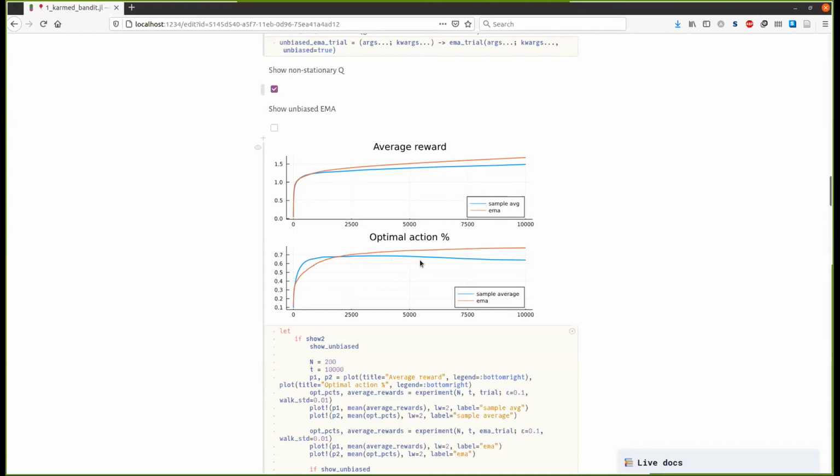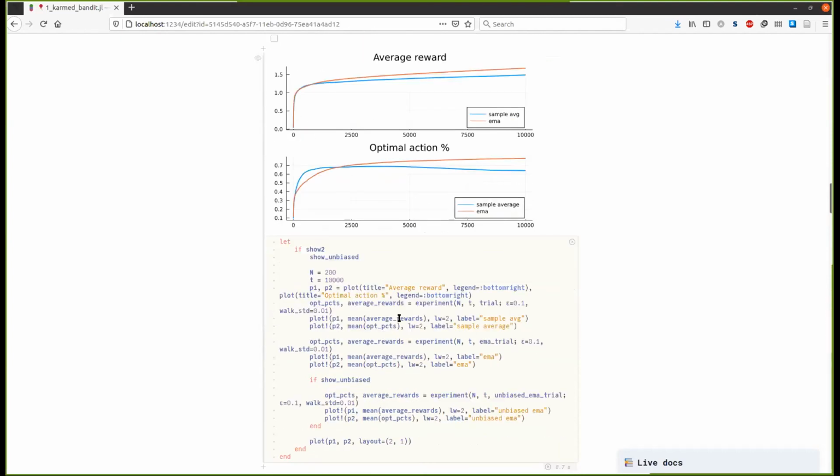But as time progresses, those values shifted, and we still give equal weight to old rewards, right? If we use an exponentially moving average instead of a sample average, it picks up slower on the optimal action, but it keeps adjusting. So the adjusting works much better.